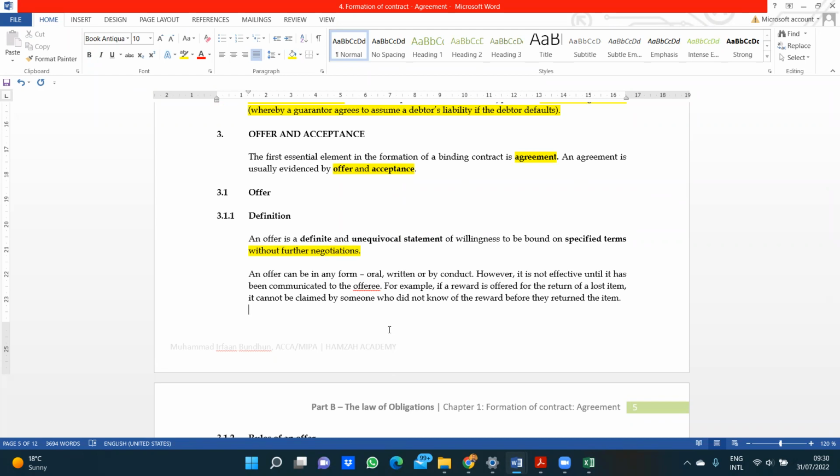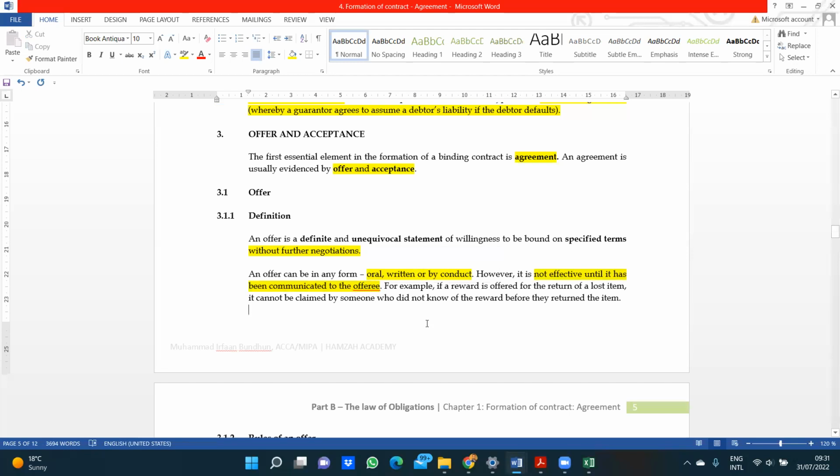An offer can be in any form. It can be oral, written, or by conduct. However, it is not effective until it has been communicated to the offeree. This is very important.